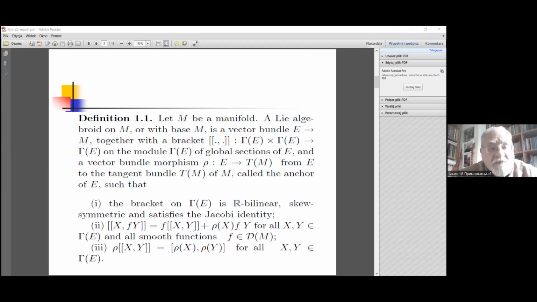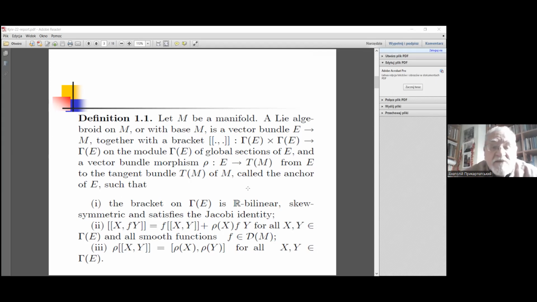The algebroid over the manifold M, or the base M, is a vector bundle E over M together with some Lie bracket on sections, mapping Cartesian products of sections of E to sections of E. And we have the module gamma E of global sections, and this is also endowed with an additional bundle morphism rho from E to the tangent space TM.